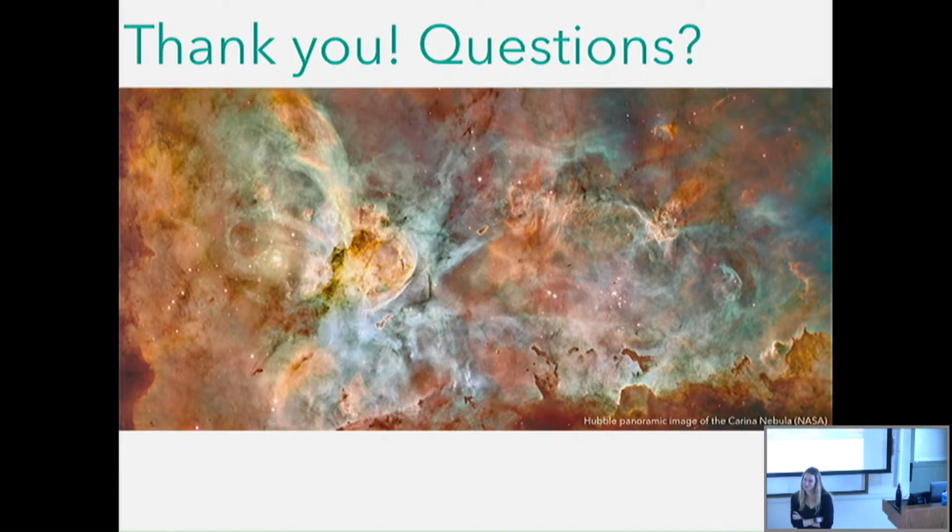I haven't thought about that. That would be interesting because I know there isn't a UV telescope capable of measuring this now. I have to look in the literature to see if people have looked at C4 emission around these H2 regions. Thank you.